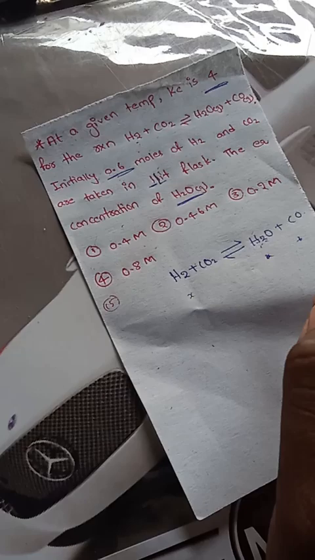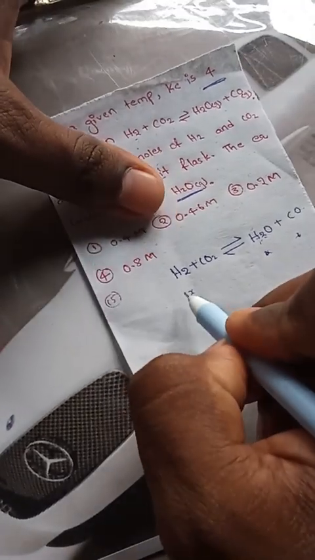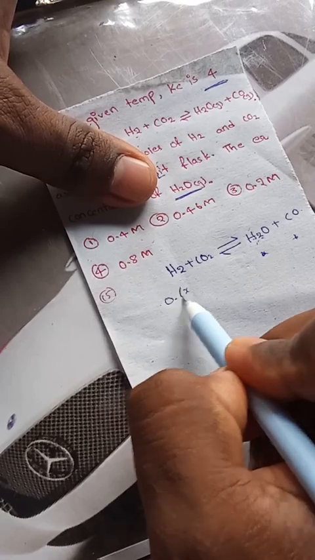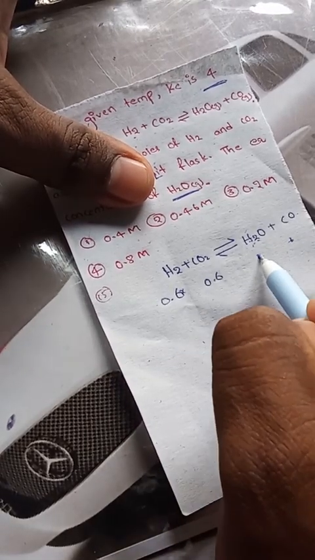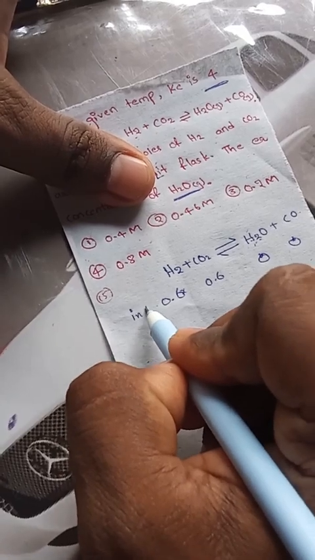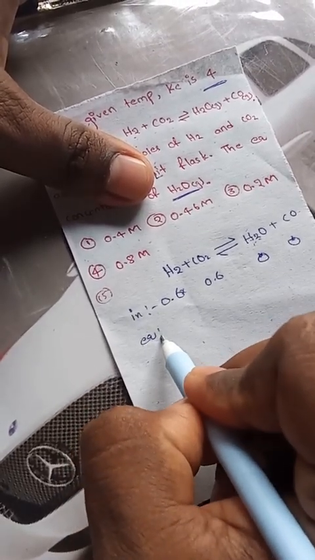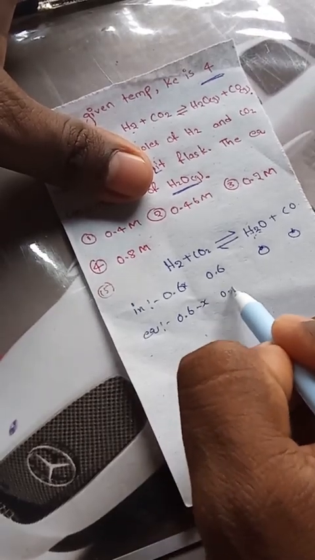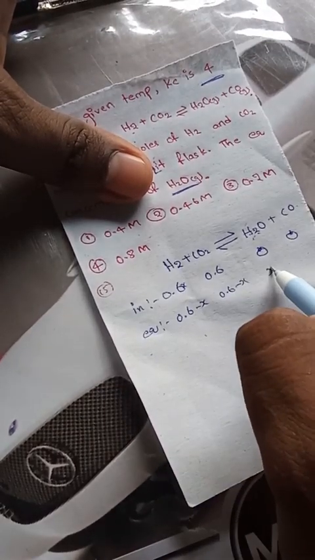Okay, let's do this. Initially it is 0.6 and 0.6, and the initial values of the products are 0, because the reaction has not started. At equilibrium it goes like 0.6 minus x, 0.6 minus x, and x, x.